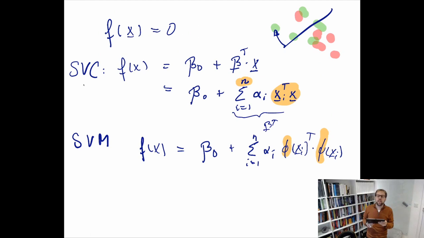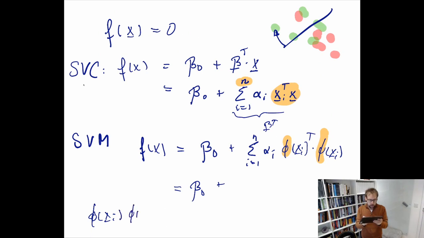This doesn't sound very helpful, but there's another piece of math which comes to the rescue: I can write this inner product, phi of xi times phi of x, as some kernel of xi and x.